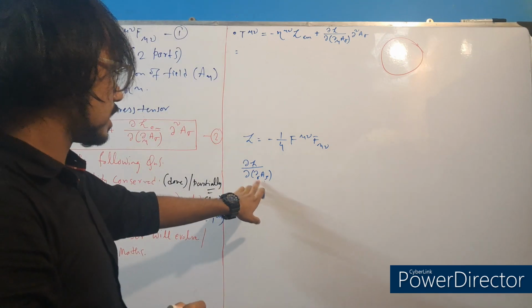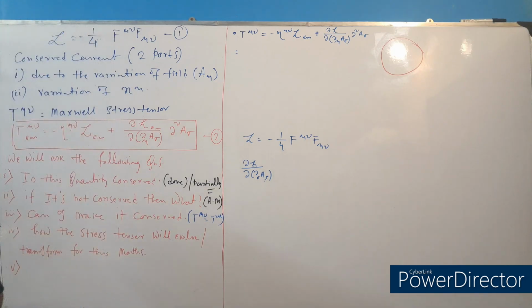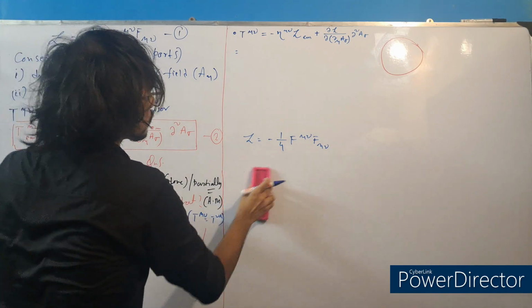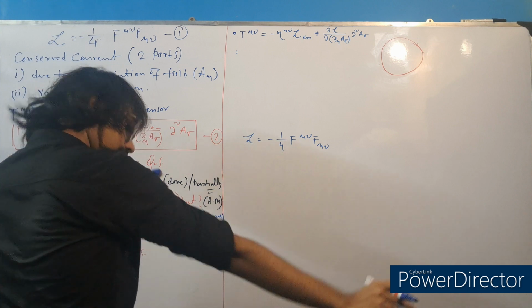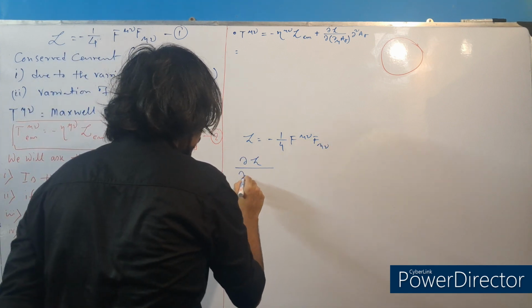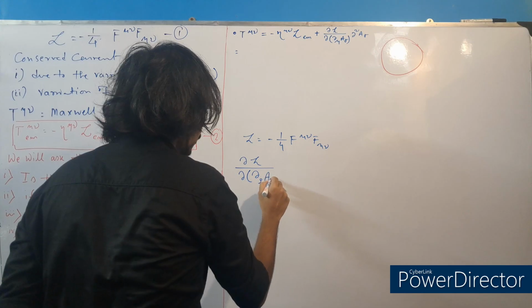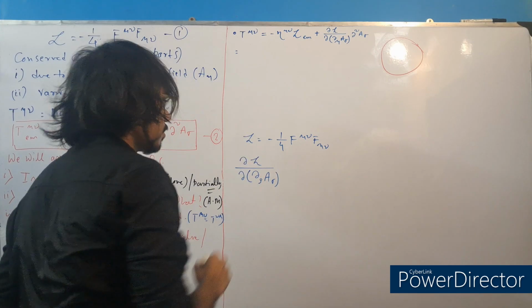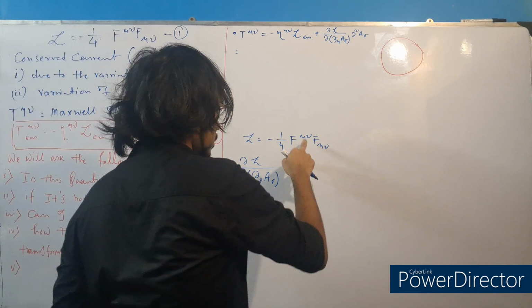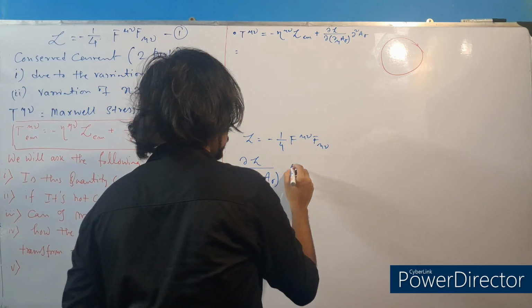Okay, sigma and rho is fine. I think I should write it in a bigger manner. Del L by del of del rho A sigma. Because these two indices are already used, I cannot use the same index thrice.